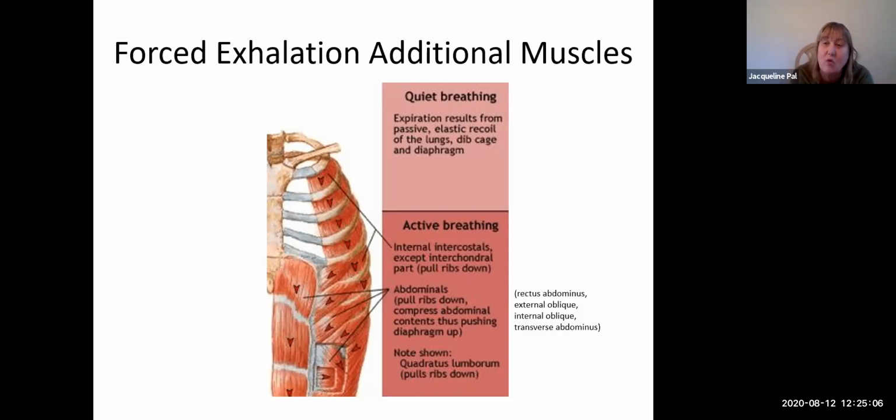And don't forget the quadratus lumborum because it's attached to the 12th rib, so it can bring ribs down on the posterior aspect as well. So those are your muscles of forced exhalation.